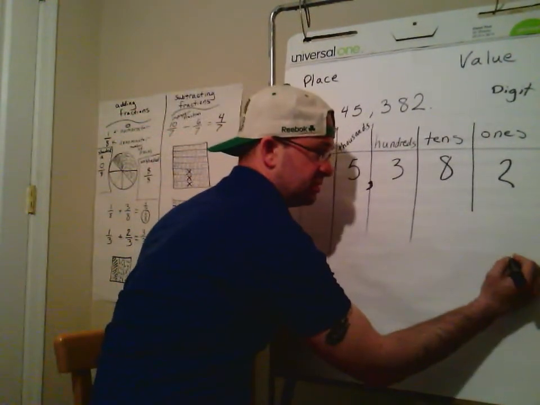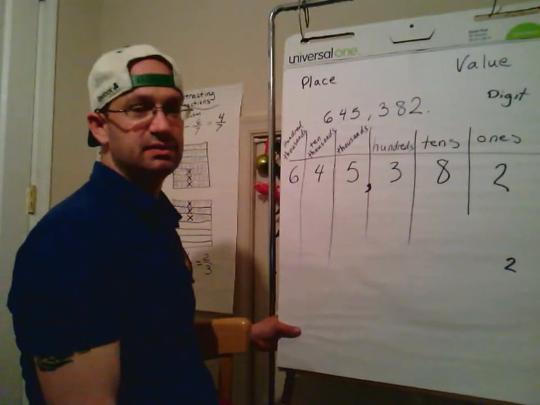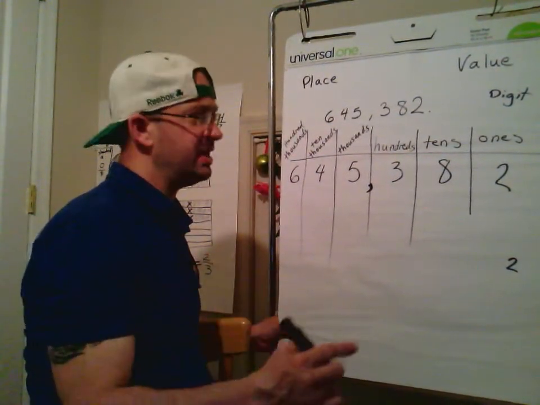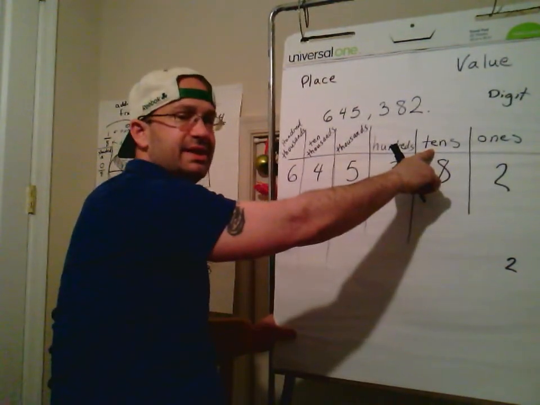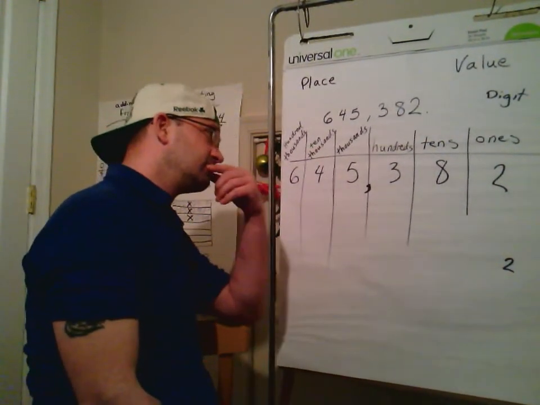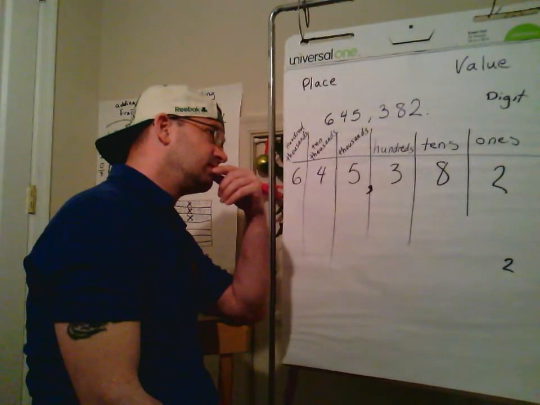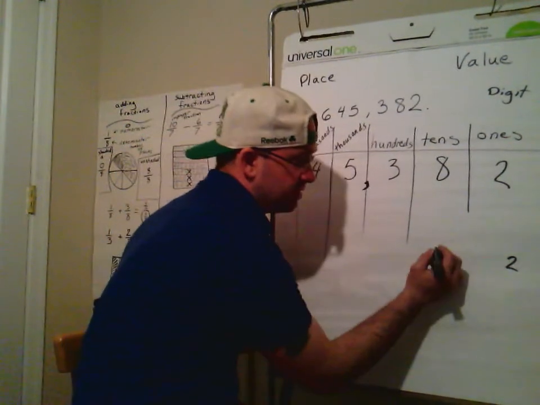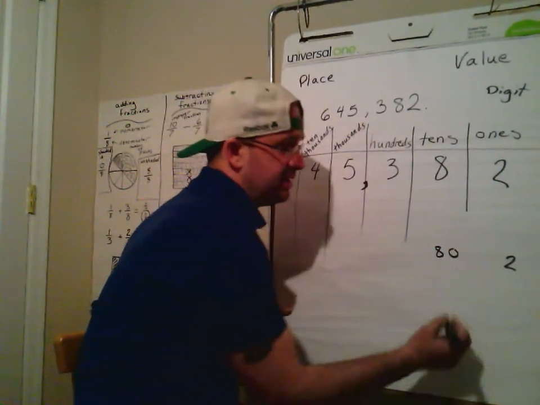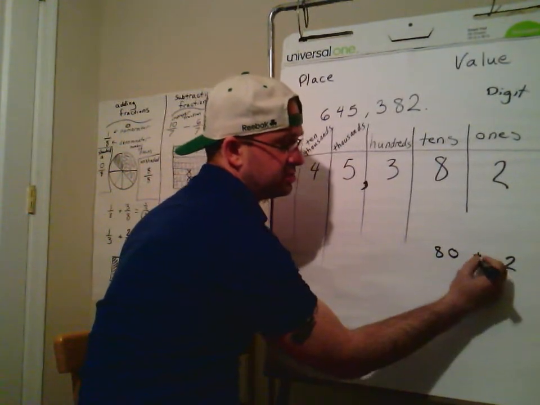What is the value of the 8? It's a little more than 8. 8 what? 8 tens. If you need to count by tens 8 times, you can do that for a moment. So you get 80. So 80 and 2.